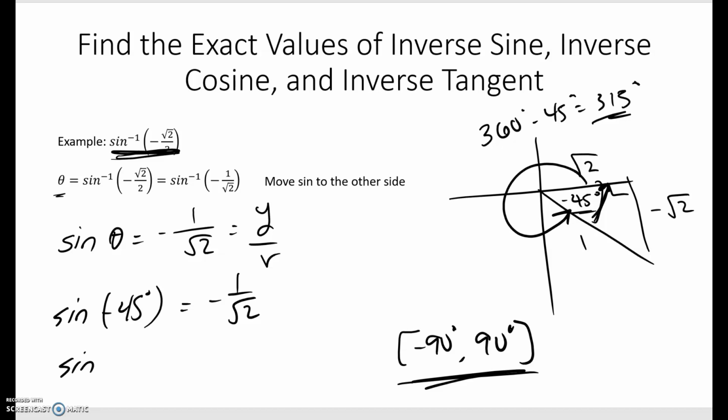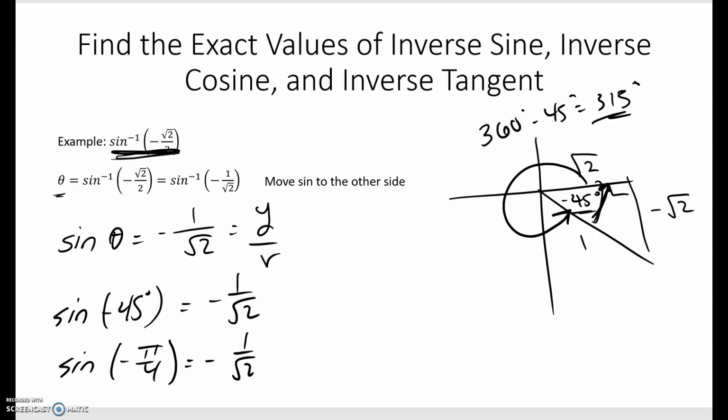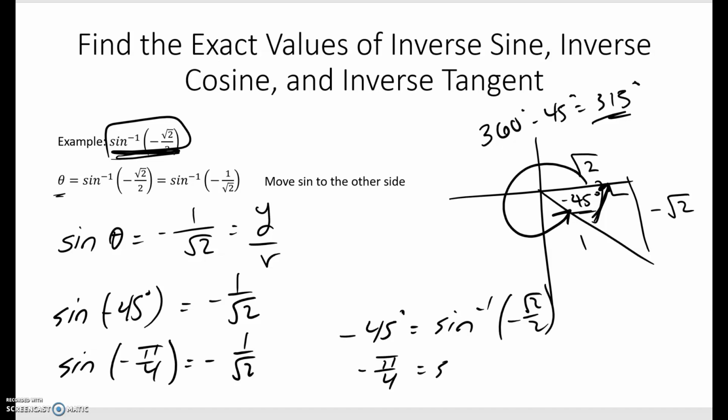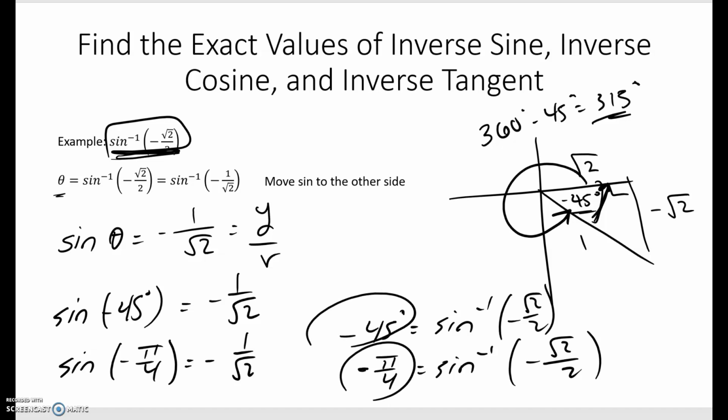Or we could say sine of negative pi over 4 is equal to negative 1 over square root of 2. So basically what we're saying, the answer to this right here is negative 45 is equal to the inverse sine of negative square root of 2 over 2. Or you could say negative pi over 4 is equal to the inverse sine of negative square root of 2 over 2. So either negative 45 or negative pi over 4 would be your answer for this question right here.